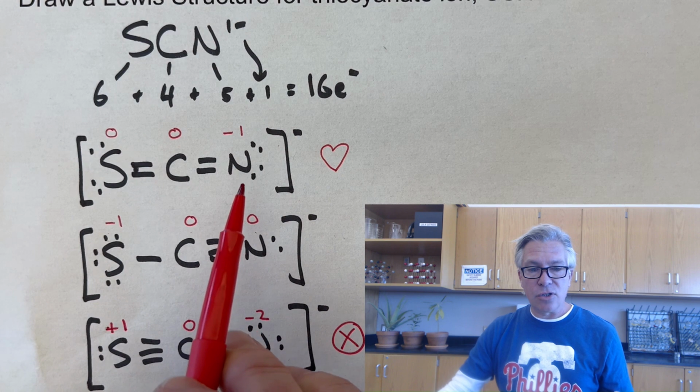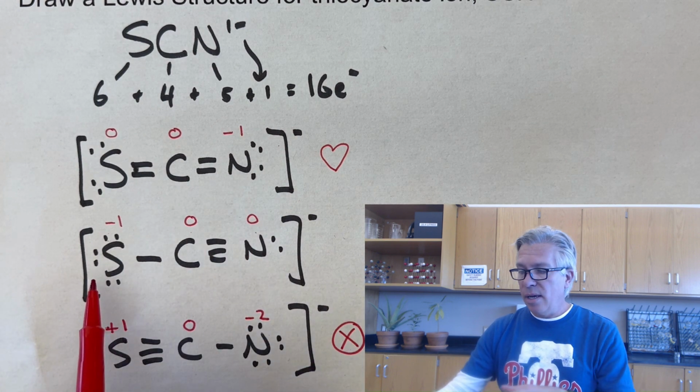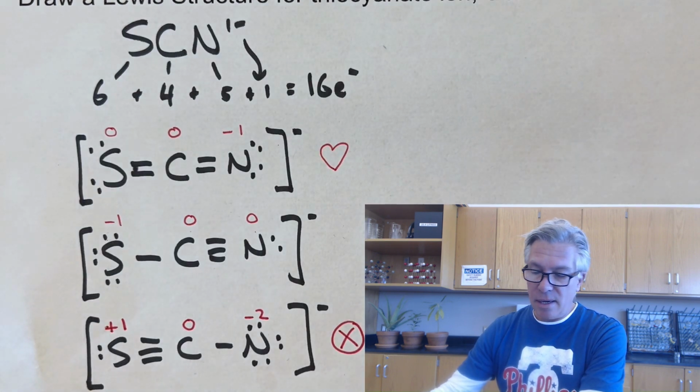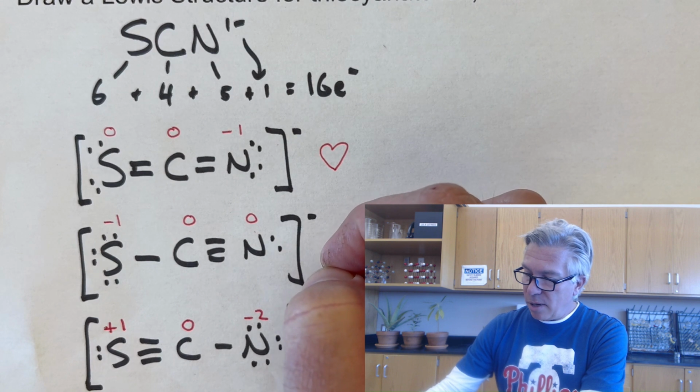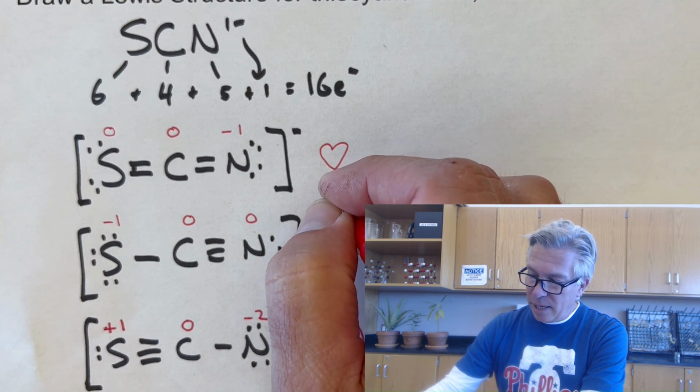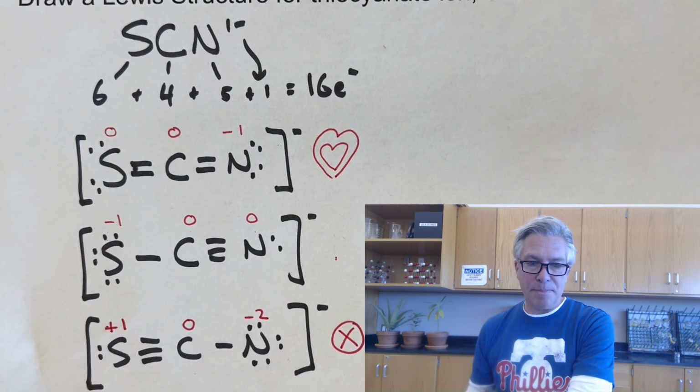In this case, nitrogen is more electronegative than sulfur, and so the negative charge is probably more likely to be on that one. This one is probably okay too, but if I was picking, I would pick that one.